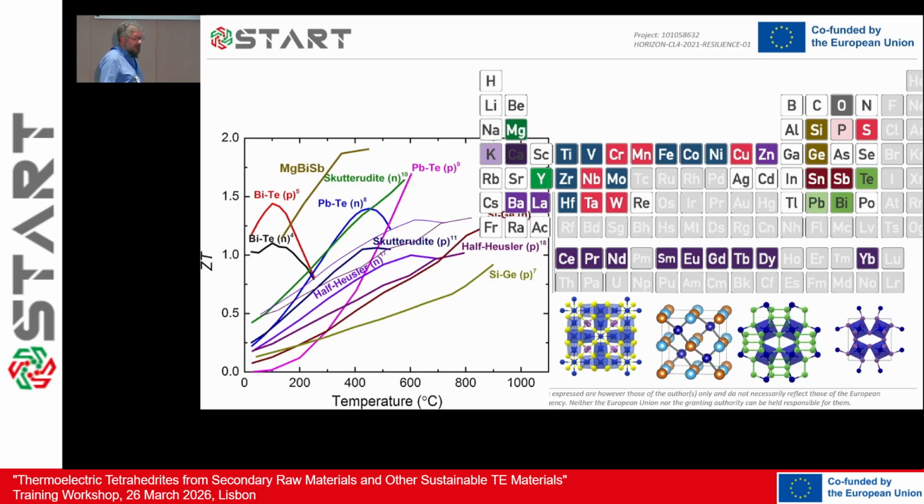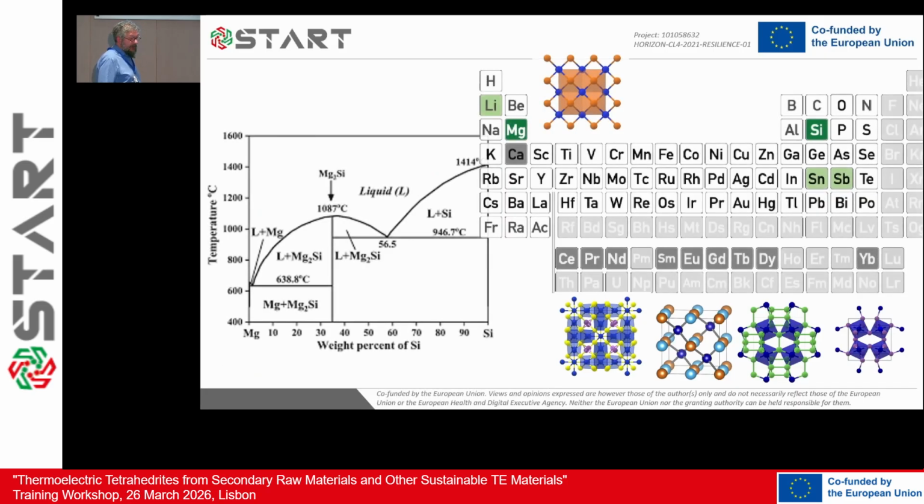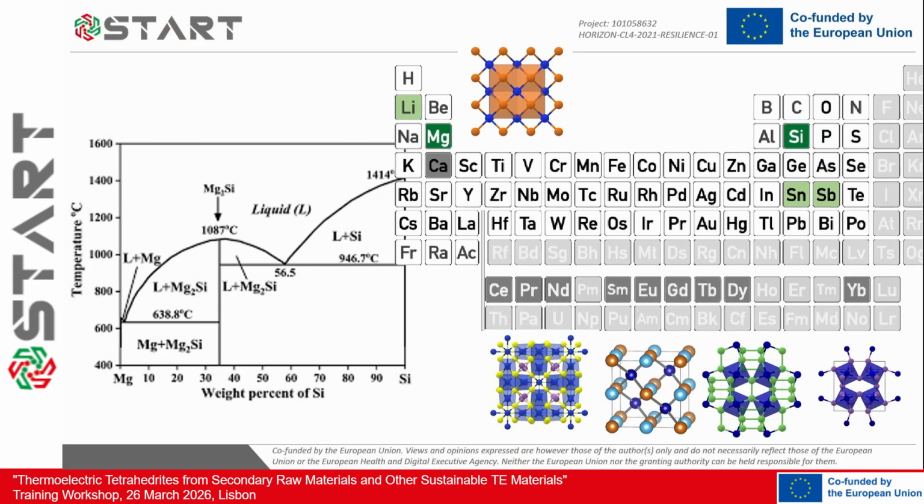If we are lucky, we end up with something that has a very specific phase diagram in which you cannot make many mistakes. If you do the melting from this combination of percentages of elements, you end up with the correct phase. In this case, it's easy.